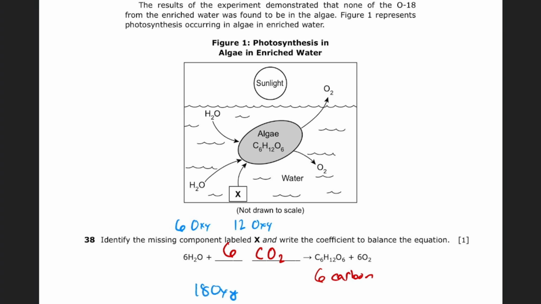If we count that up over on the product side, we can see that within the C6H12O6, I have 6 oxygens, and within the 6O2, 6 times 2 is going to be 12 oxygens, for a total of 18 oxygens. So that's going to balance out, and that is your correct answer.